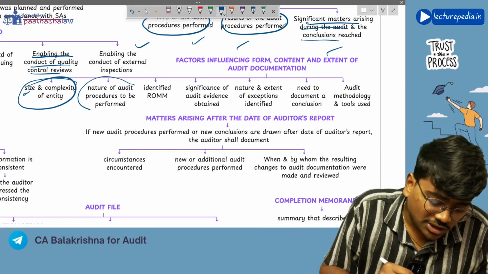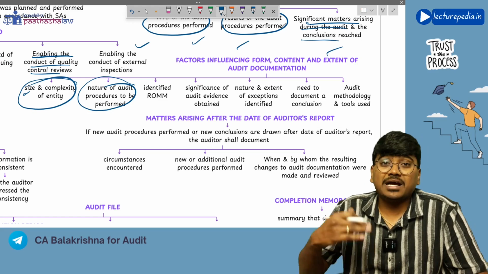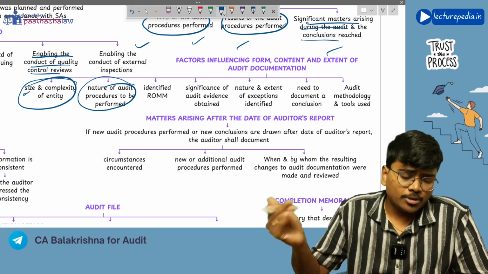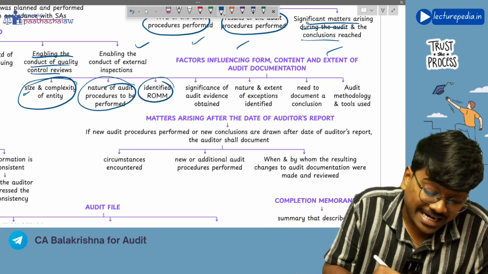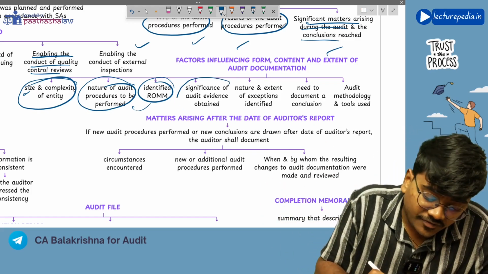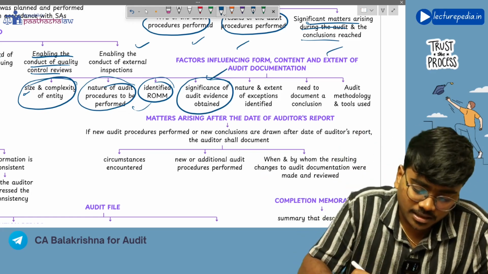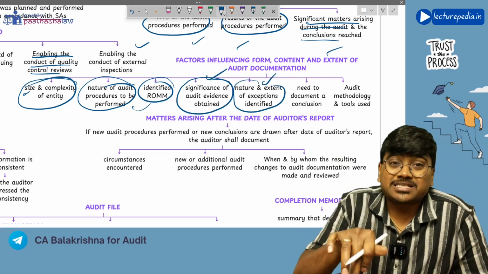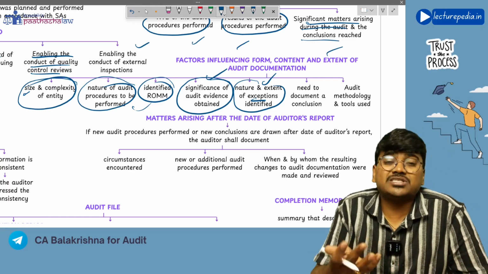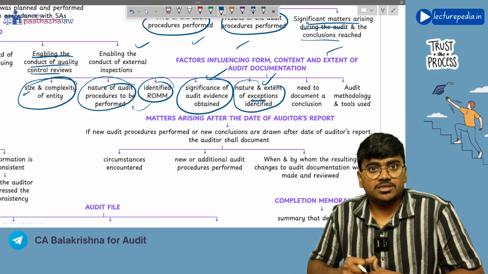Next, the nature of audit procedures you performed. What type of audit procedures you performed also impacts the form, content and extent of audit documentation. Next, identified risk also impacts: high risk, high documentation. Significance of audit evidence obtained. Significance means importance of audit evidence obtained. Nature and extent of exceptions. Exceptions means deviations, misstatements. So if you feel that more misstatements can occur, then more documentation is required, correct or not?